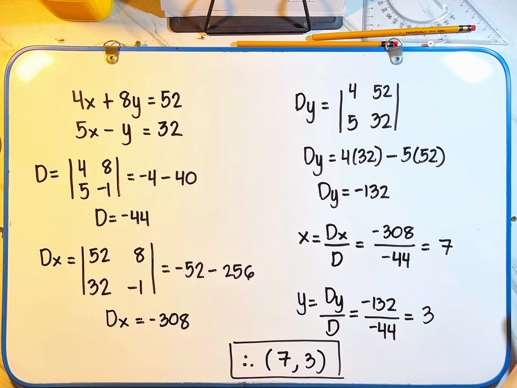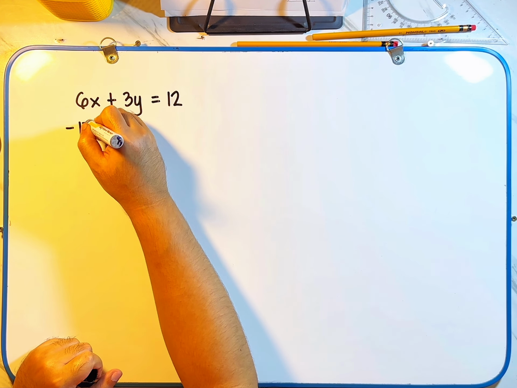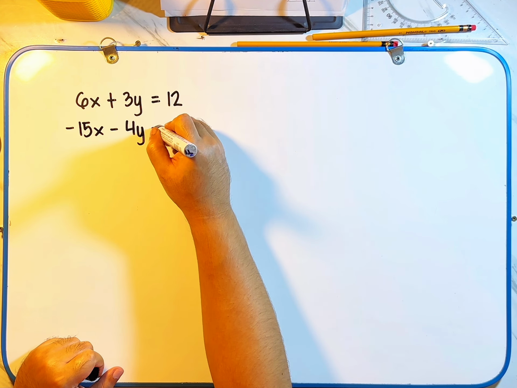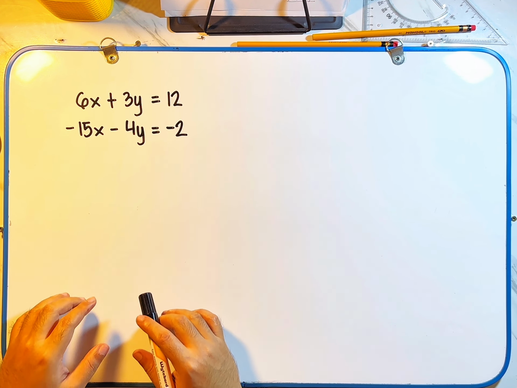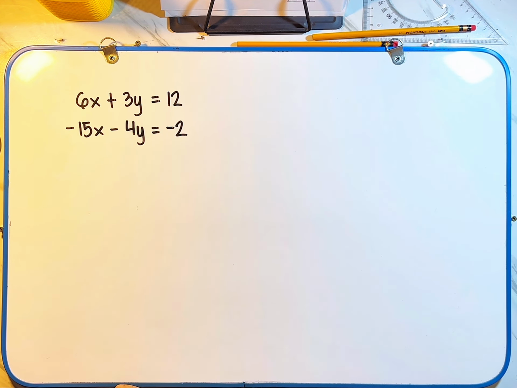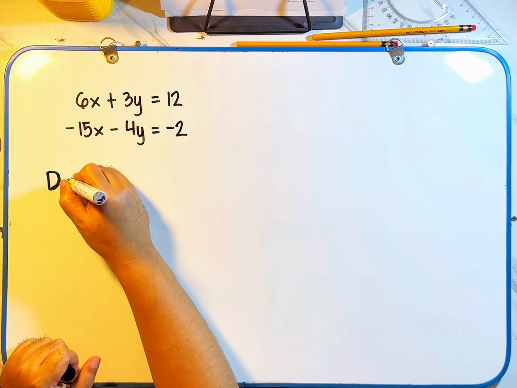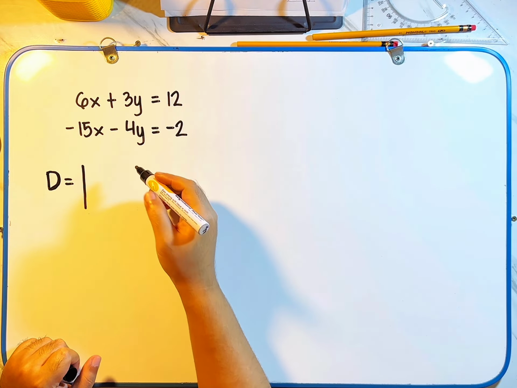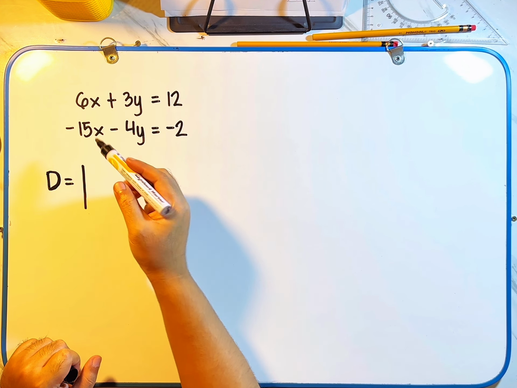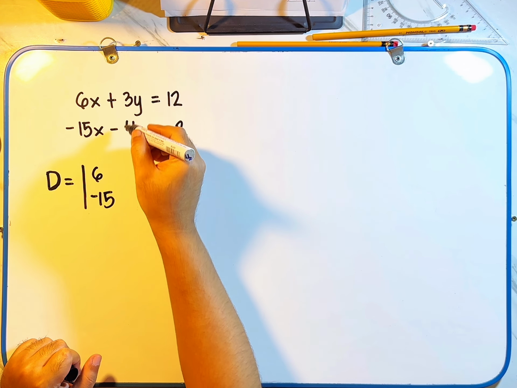Let us try one more. All right. Another system of equation, our last example. So let us solve for the determinant d. D is equal to, write the coefficients 6, negative 15, and 3, negative 4.